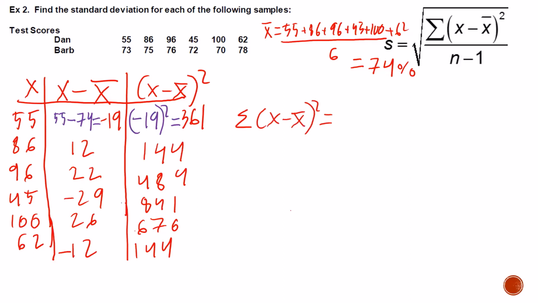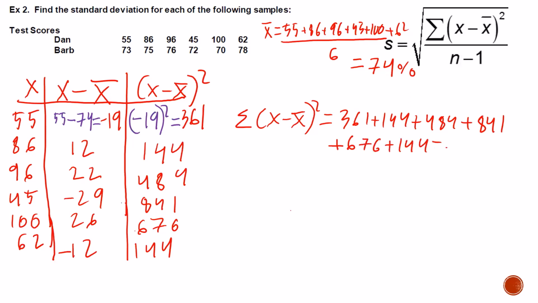In this case, that's 361 plus 144. I did this earlier and I got 2,650. So that is this part of the formula.